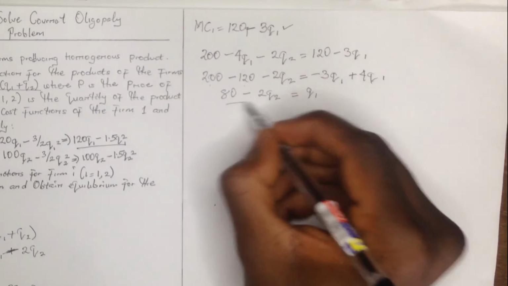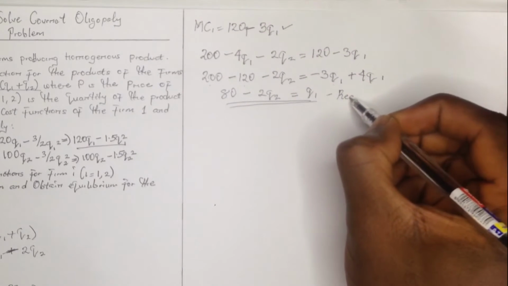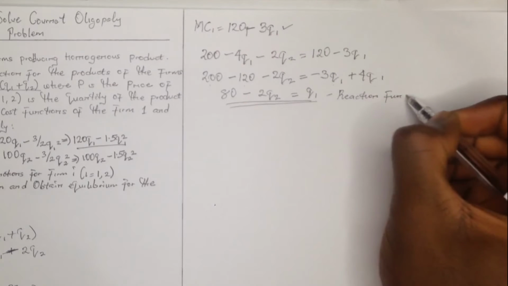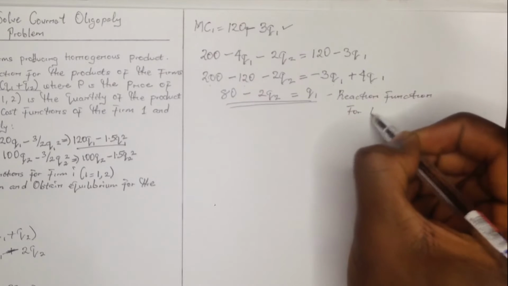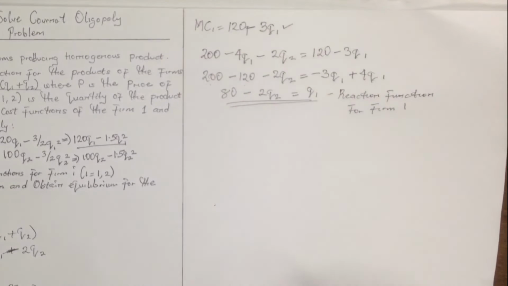So Q1 equals 80 minus 2Q2. This is our reaction function for firm 1.